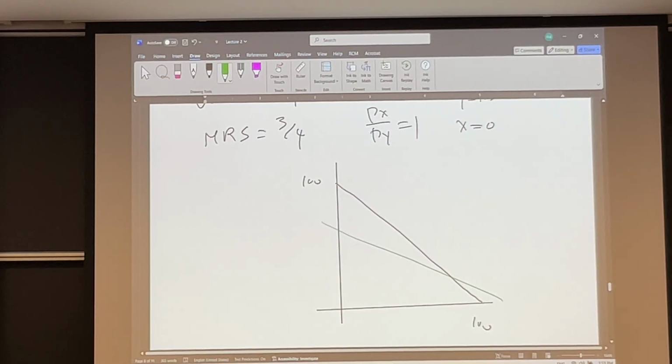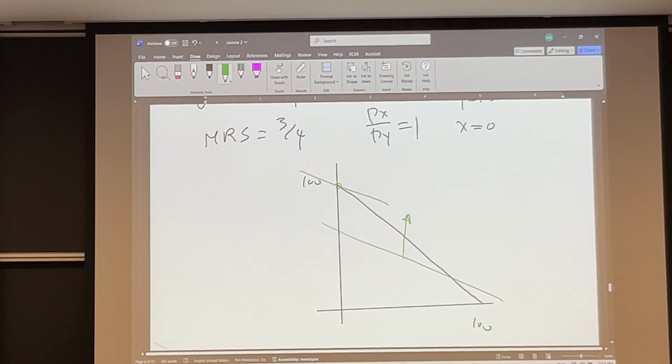No. If you shift it up, what's the maximum satisfaction he can get? He would be at this corner. He cannot do any better. Pushing up the indifference curve all the way to the limit, you can't do any better.